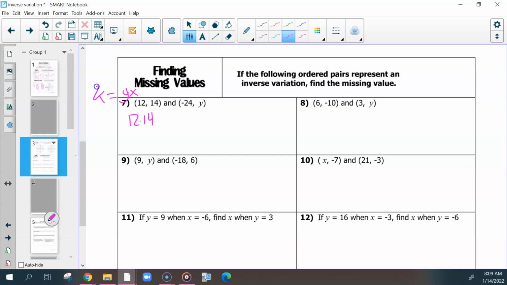12 times 14 equals negative 24 times y. And that would mean whatever my k is on one side should be the same on the other. I don't know what that is. 168. And then we could divide both sides by negative 24.